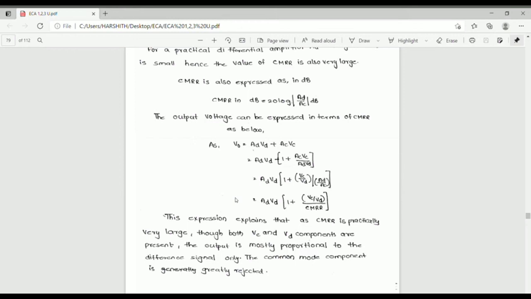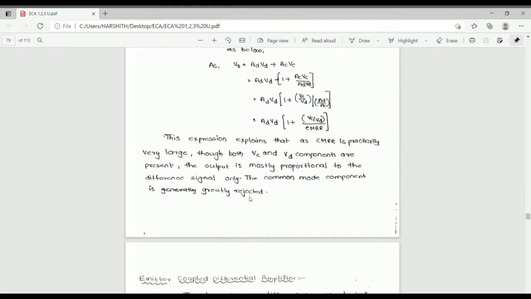So this expression explains that the CMRR is practically very large. Though both the Vc and Vd components are present, the output is mostly proportional to the difference signal only. The common mode component is rejected. So this CMRR is very important.